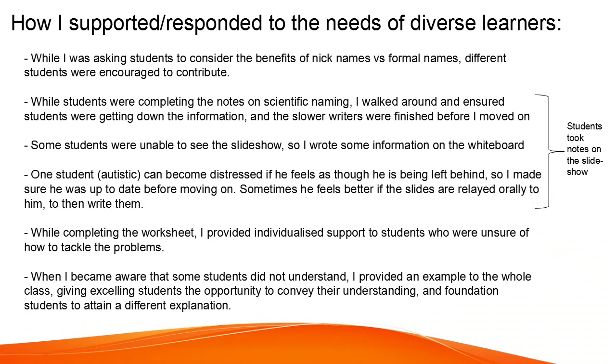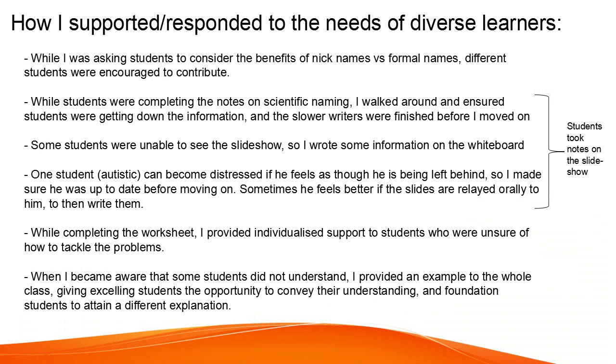When students did notes for the slideshow, I walked around and ensured all students had the information down, so slower writers were finished before I moved on. Some students were unable to see the slideshow, so I wrote some of the information in larger writing on the whiteboard. And we have one student who's autistic and can become quite distressed if he feels as though he's being left behind. So I made sure he was up to date before we moved on.